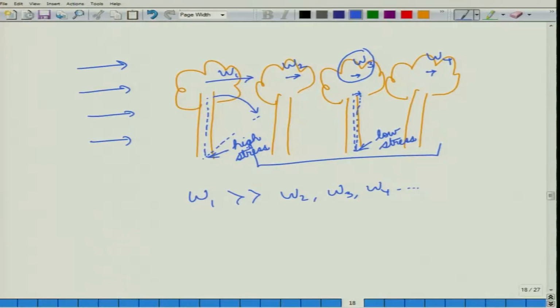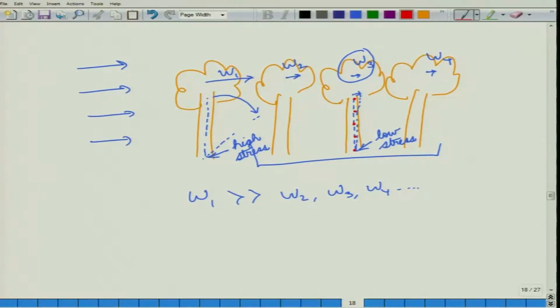Now, because we had considered trees to be made of material with uniform resistance to bending, this tree will have low stress here, low stress here, and low stress here.